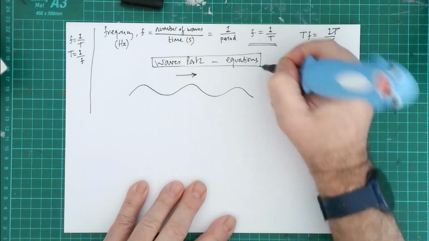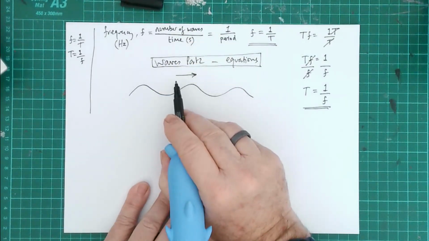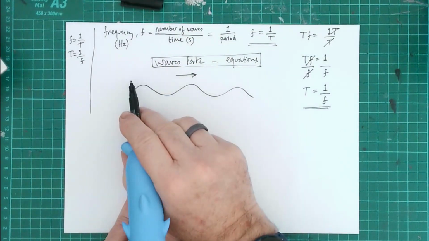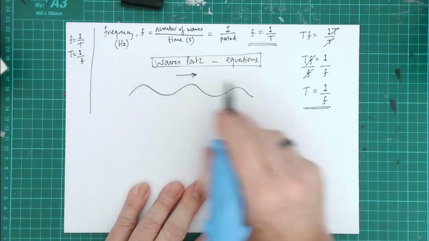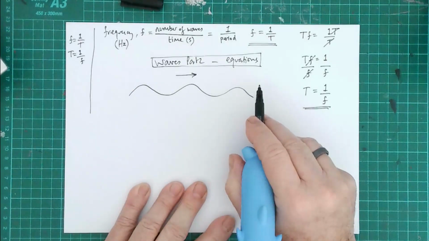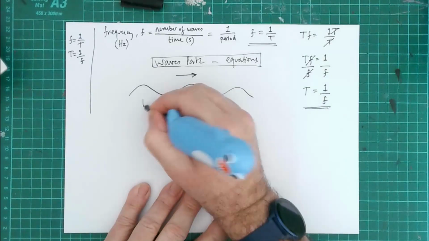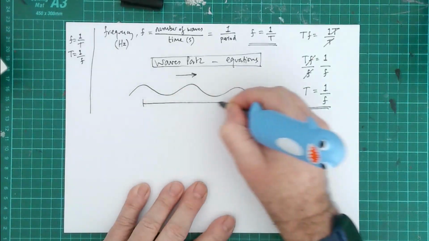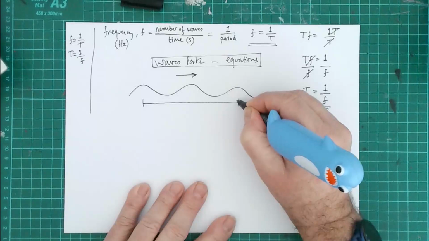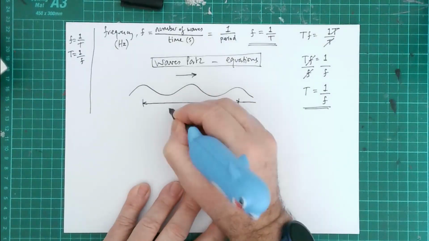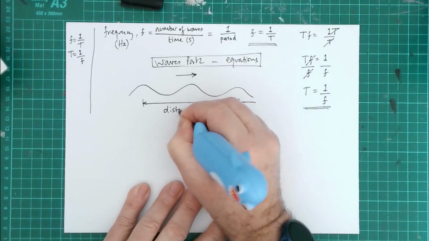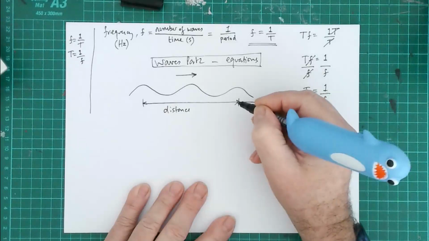the wave down here. I'm imagining that my wave is moving from one position to another. Let's say I can measure distance. I can measure how far a crest moves, for example, so I can measure distance.